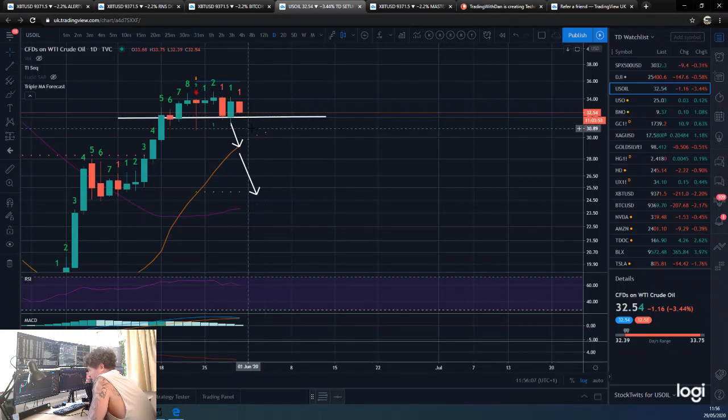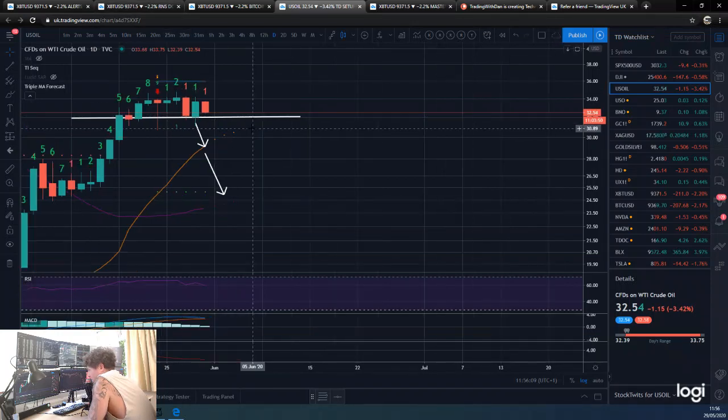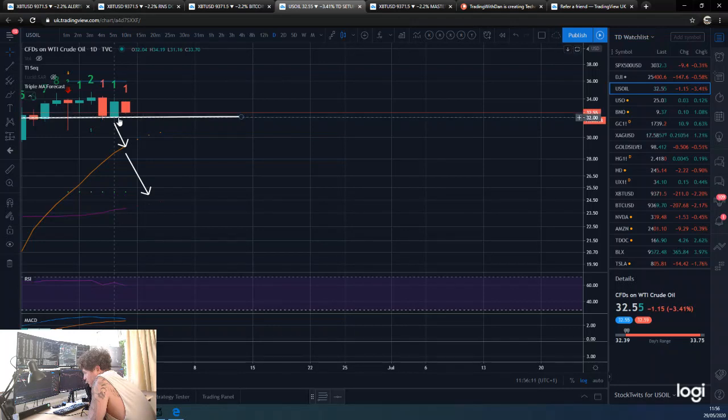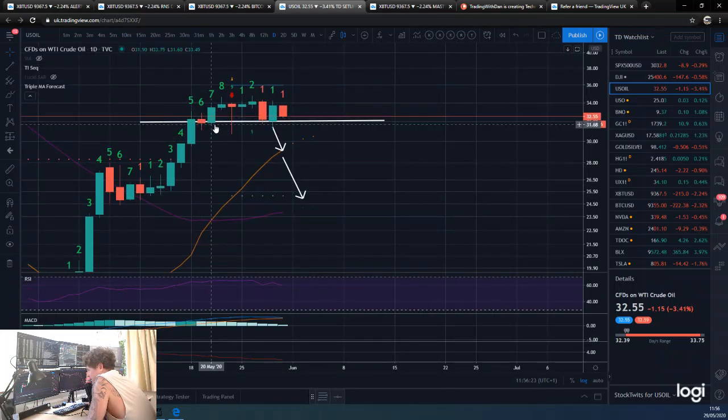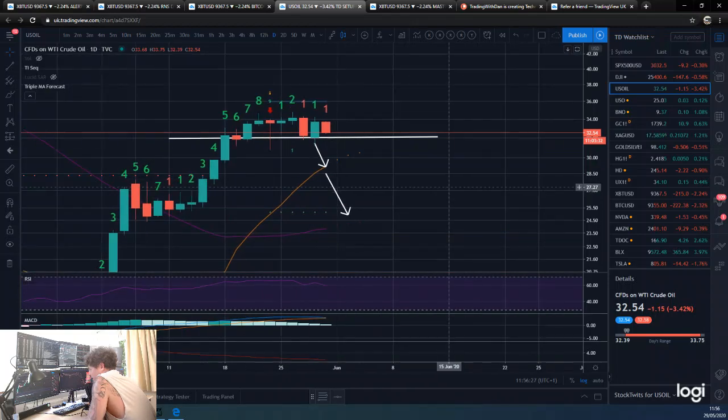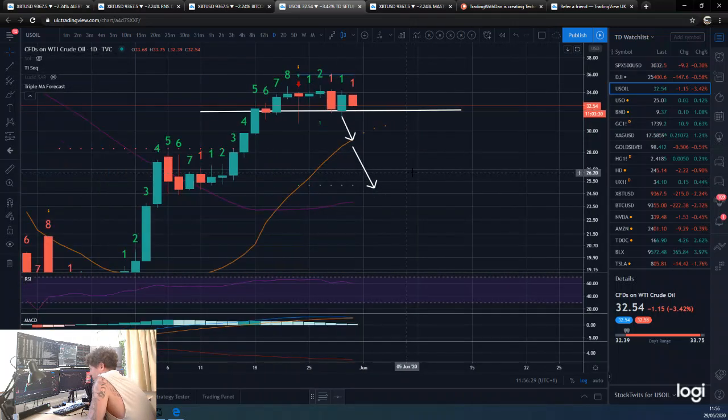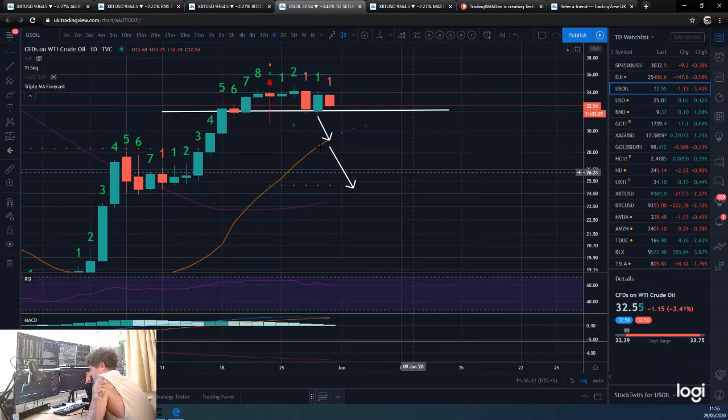It's interesting how that says there and that says there, because obviously this candle has to open and close at exactly the same level. This one has to open at the same level this one closes, so why does it look like it's lower? Anyway, everything else is sort of level. We've not activated this sell trade in oil. We're still close to it though. Obviously we can see the level and the targets.